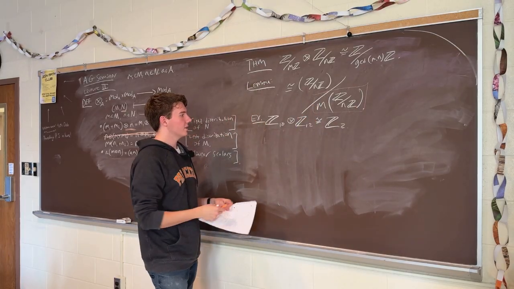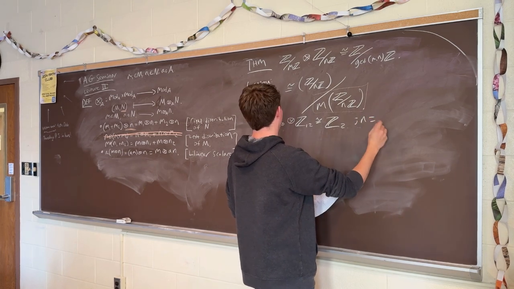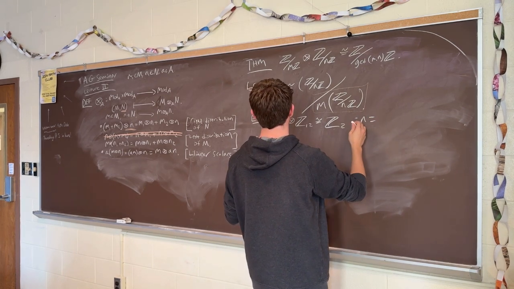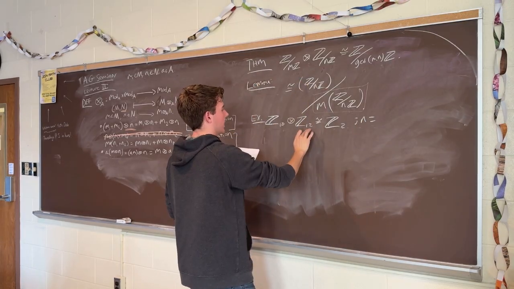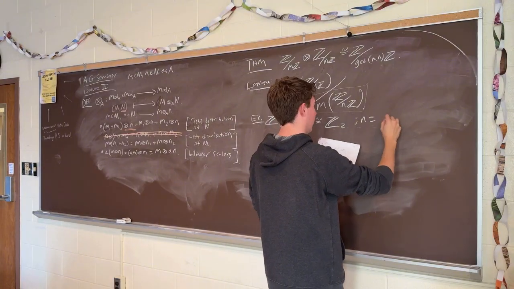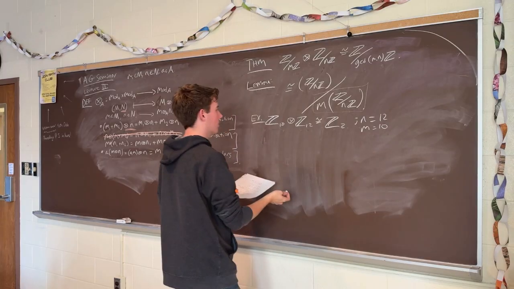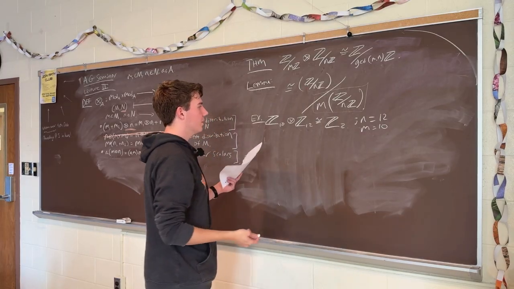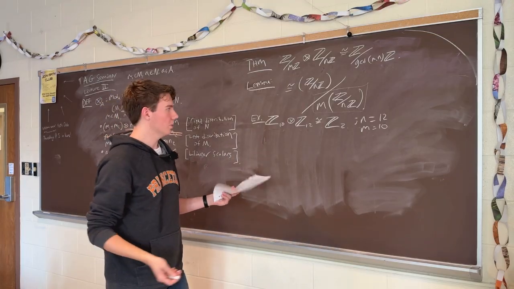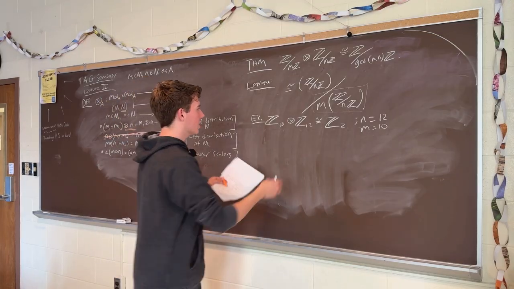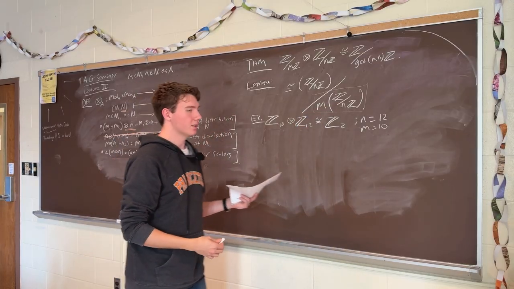So in the context of the lemma, N we can say is 12, and M is 10. So really, we know what Z mod NZ looks like, right? It's Z mod 12. But then we should be looking at the subgroup generated by M in Z mod NZ.